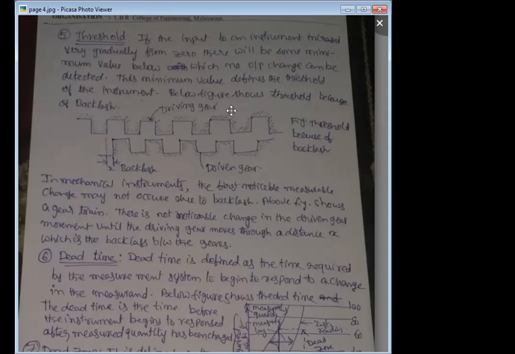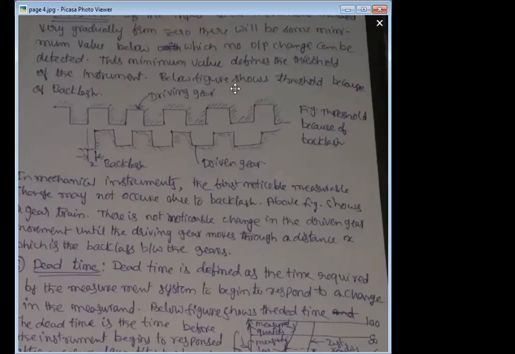Suppose here we have a driving gear and a driven gear. This driving gear will latch in this particular gap, and it will drive the driven gear.